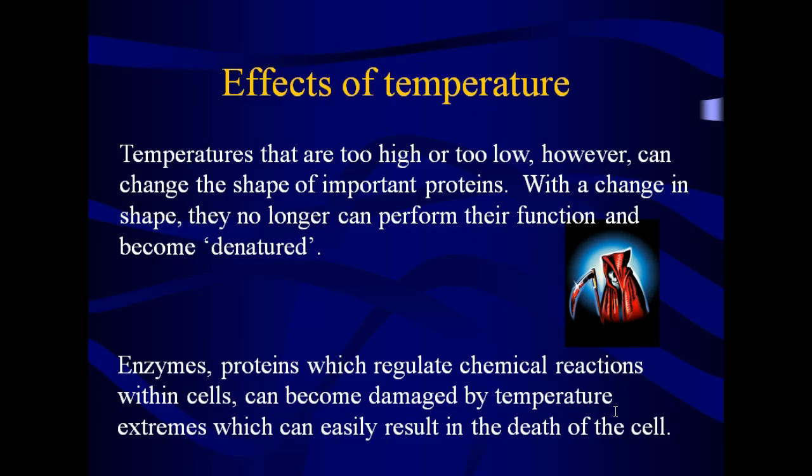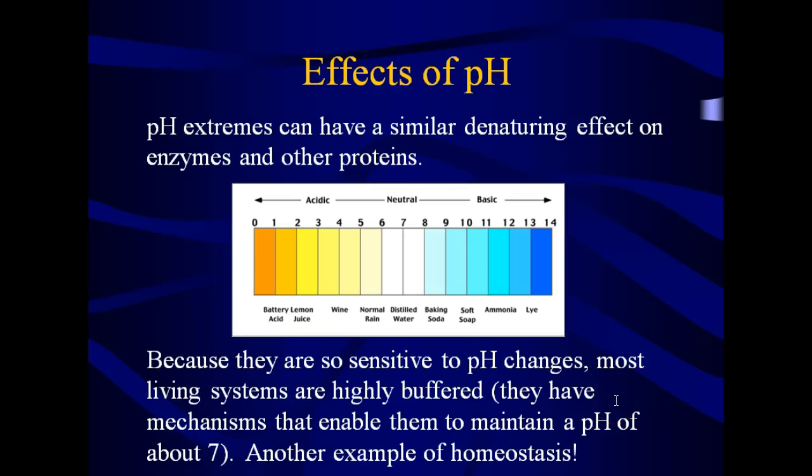So if you change its shape, it can no longer perform its function, or at the very least its function is going to be degraded. It's going to be impacted in a negative way. So we call that being denatured. So enzymes, which are proteins which, remember, regulate chemical reactions, they can become damaged by temperature extremes, either too hot or too cold, and that can cause them to not be able to do their function, and the cell can die. pH is pretty much the same thing.